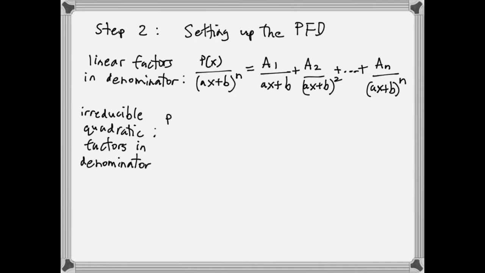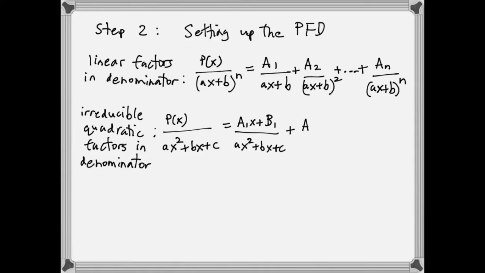We have something like p of x over ax squared plus bx plus c. So here's how this works. What you're going to do is you're going to break this up into n pieces again, except each piece has two unknowns. First, you're going to have a1 times x plus b1 over that thing. And so you have two unknowns there.